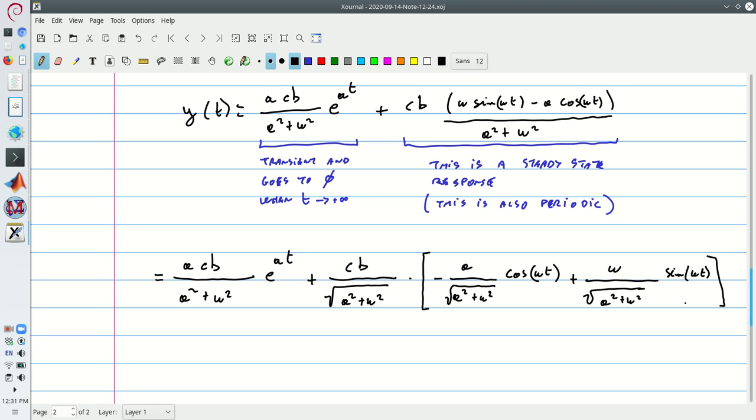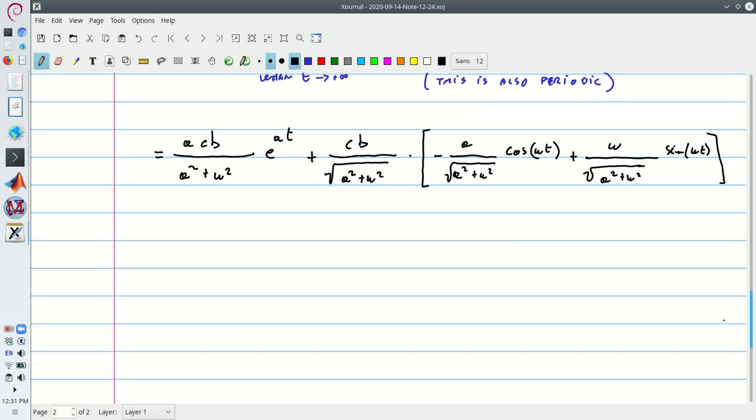Now, why did I do this? I did this because I'm trying to write this steady state solution as a single sinusoidal function. Now I have cosine plus sine. I don't like this. I'd like to write this as a cosine of omega t, and we'll see that what's going to happen is I have to introduce a phase shift in the argument of the cosine to take into account the sine.